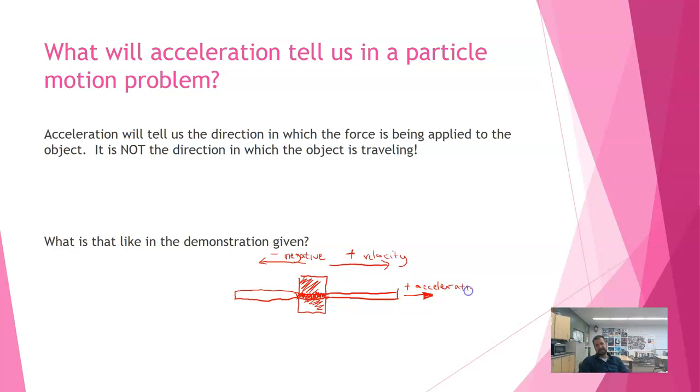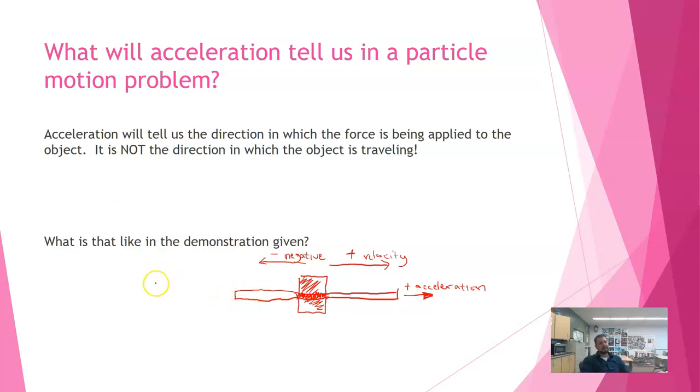That just means that the force being applied to this particular block is in that direction. Somebody's pulling on it with a band, and it's not necessarily, and this is the part that people struggle with, causing the block to move in that direction, but there is a force pulling in that direction. We'll talk about that in just a second.